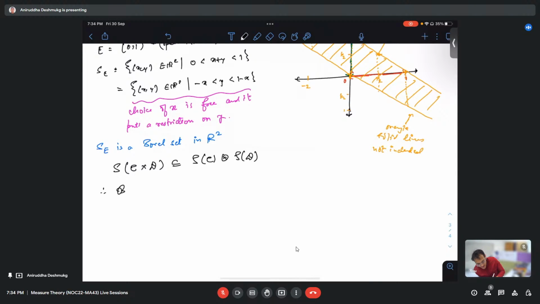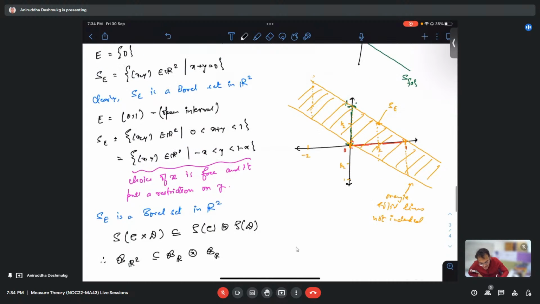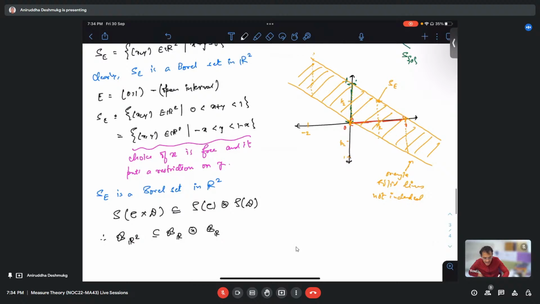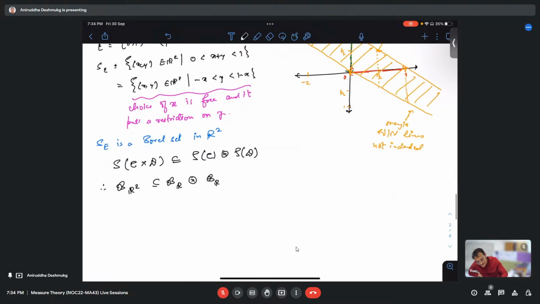Therefore, the Borel sigma algebra of R2 is contained in the Borel sigma algebra of R product Borel sigma algebra of R. So in particular, what we have seen is, at least for these two choices of E, the sets are inside BR cross BR. The question is, given any Borel set inside R, can I say that SE is inside BR cross BR?